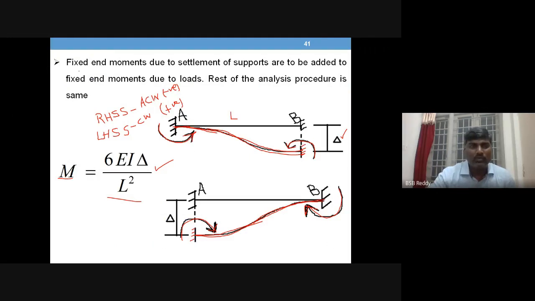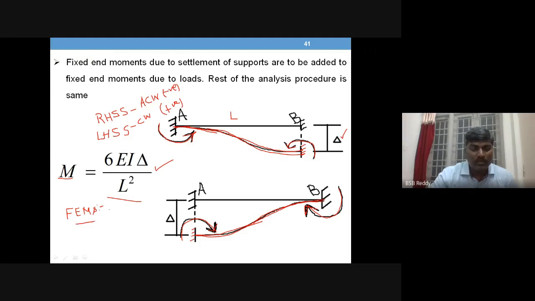So how do you solve? There will be only a change in step 1. In step 1, you are writing fixed end moments. So fixed end moments are written.